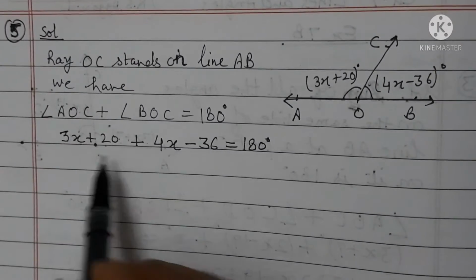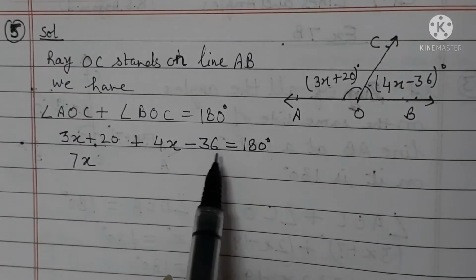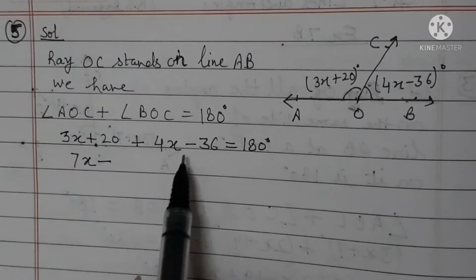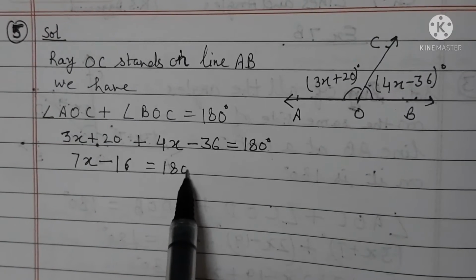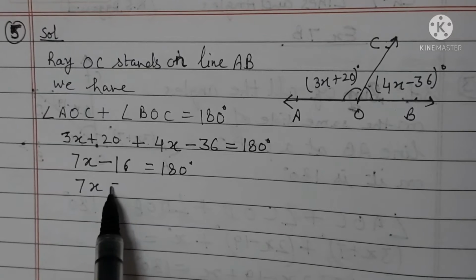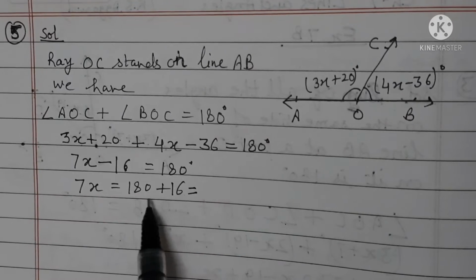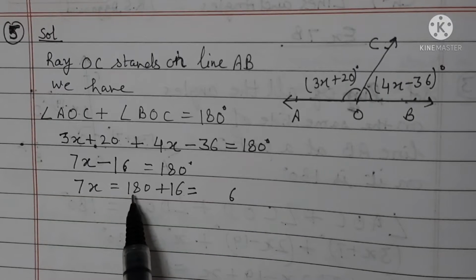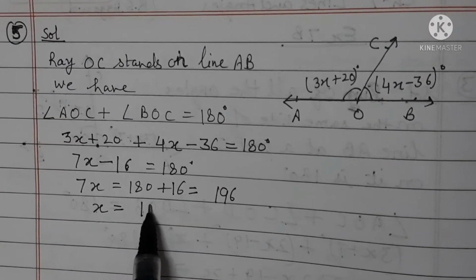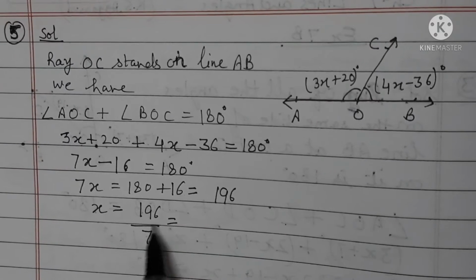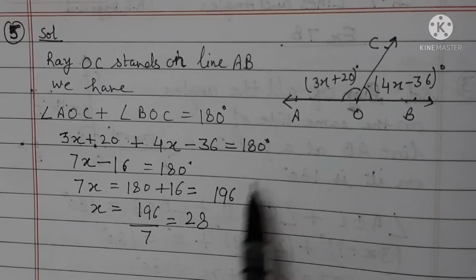So 3x plus 4x is 7x, and here minus 36 plus 20, you will get minus 16, is equal to 180 degree. 7x is equal to 180 plus 16, which is 196. x is equal to 196 divided by 7; 7 2s are 14, and 7 8s are 56. You will get the value of x.